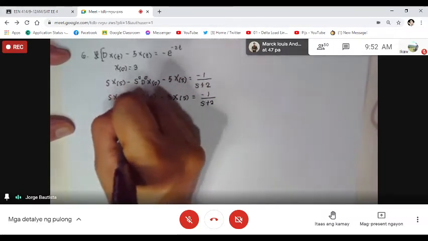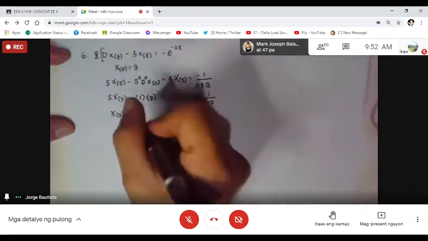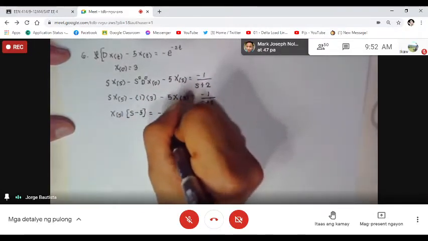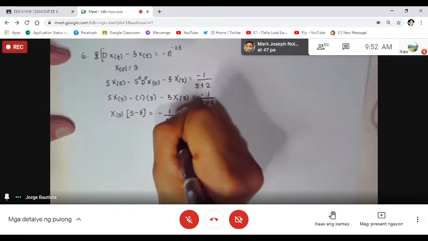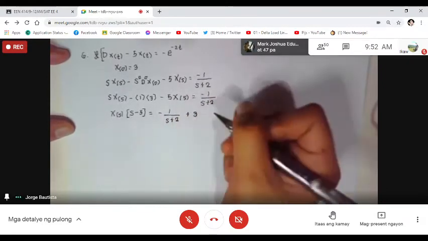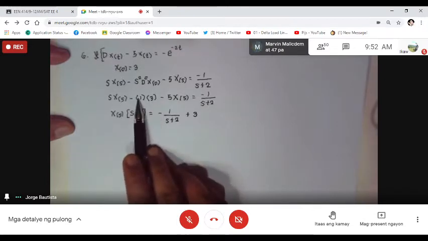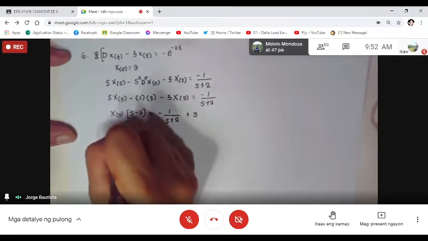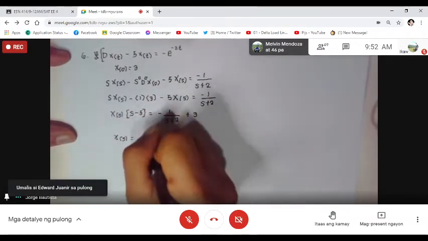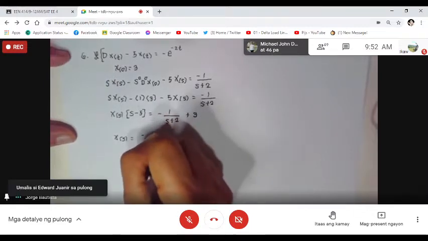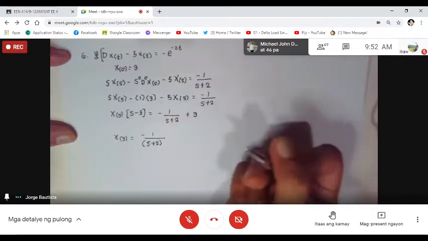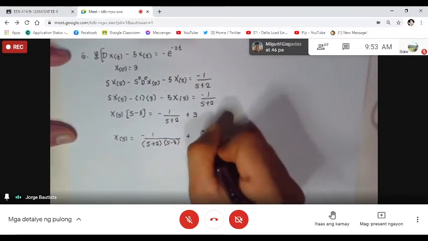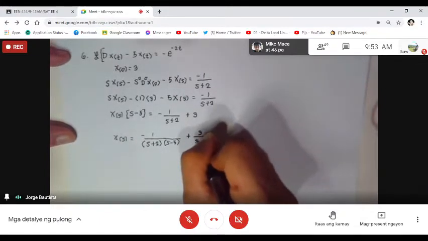So, take X(s), that is s minus 5, and that is equal to negative 1 over s plus 2 plus 3. Diba? Negative 3, nilipat sa kabila, so plus 3. Okay? So therefore, you have X(s) is negative 1 over s plus 2 multiplied by s minus 5, plus 3 over s minus 5.